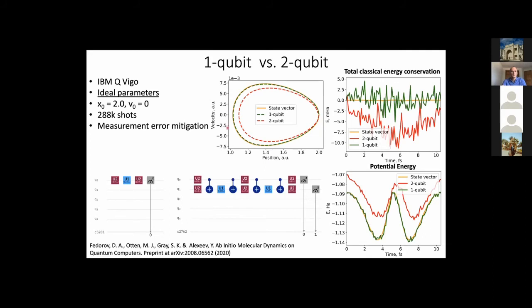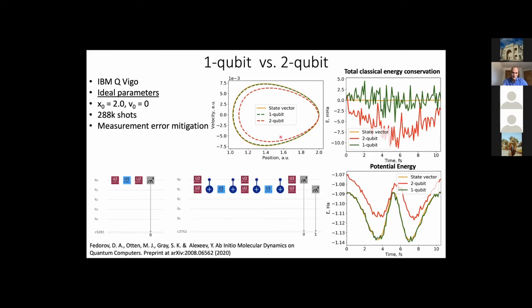So again, the green line is what you saw on the previous slide for the 1-qubit system, and the red line is the 2-qubit system. As you can see, we significantly overestimate potential energy across the trajectory, and the classical energy conservation is not necessarily worse.